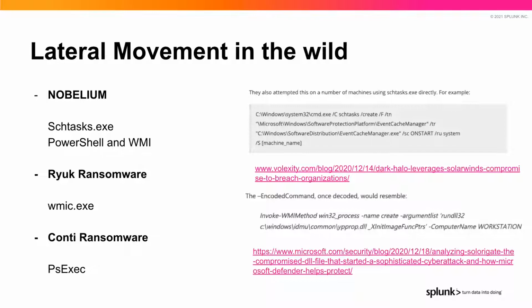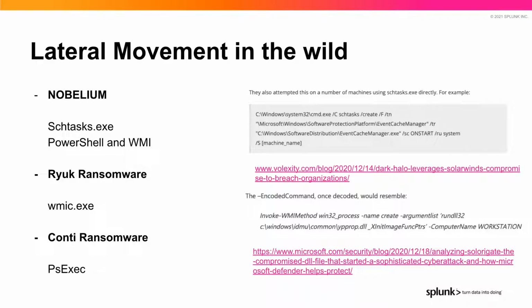Now, if we analyze some of the open source threat intelligence that we have available, we can learn how attackers are moving laterally in the wild, right? For example, Nobelium, the actor who carried out what has been named the most sophisticated nation state cyber attack, abused the task scheduler using schtasks.